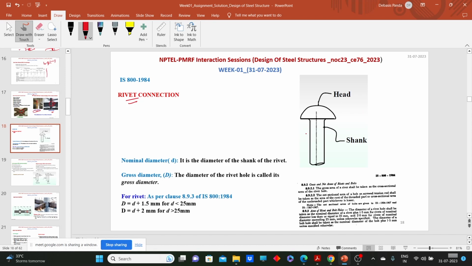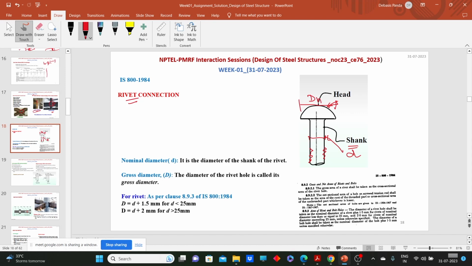A rivet looks like this. It has a head portion and a body which we call the shank. Rivets do not have threads like bolts have. So a rivet has two portions. One is the head. This diameter is called the shank diameter, and this diameter is called the head diameter.